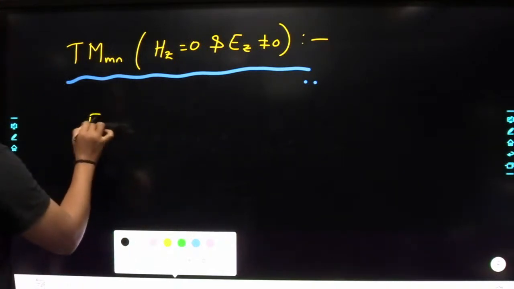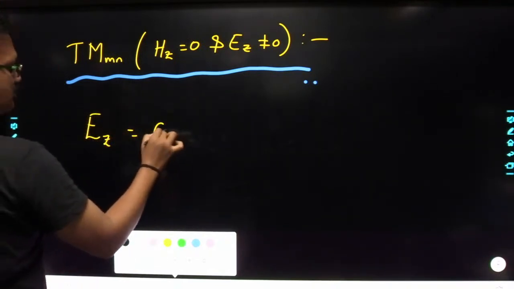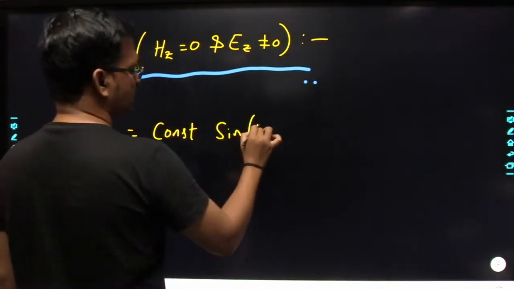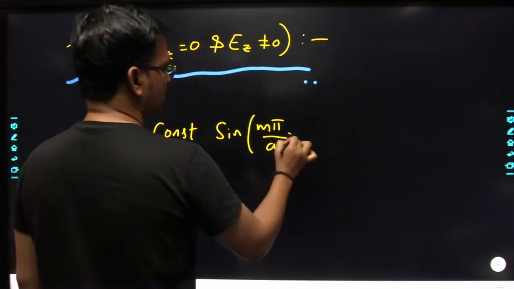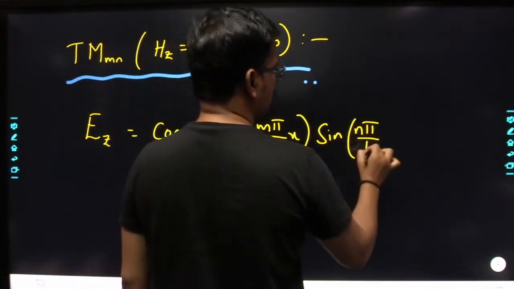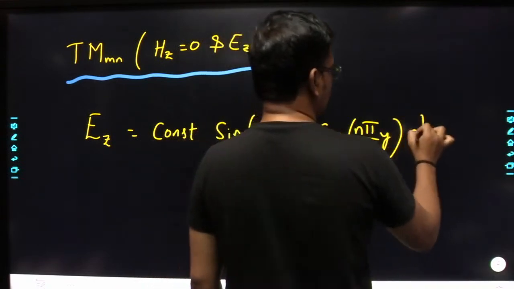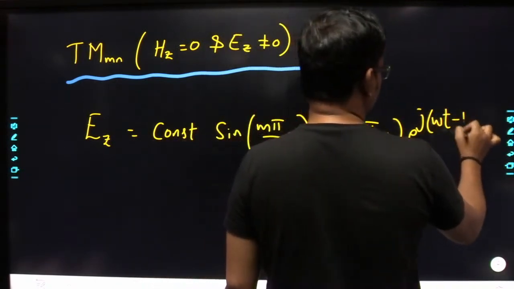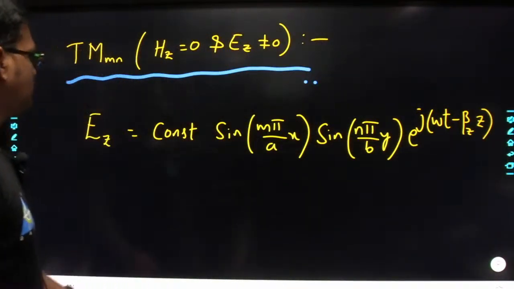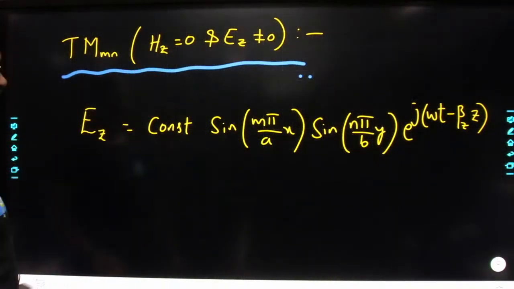So Ez is equal to some constant multiplied by sine of m pi by a into x, into sine of n pi by b into y, into e power j of omega t minus beta z. Here Hz is already 0.